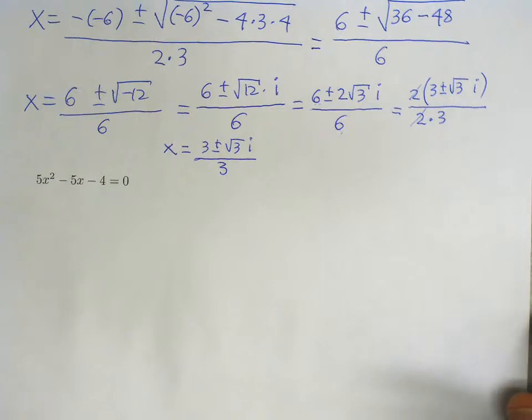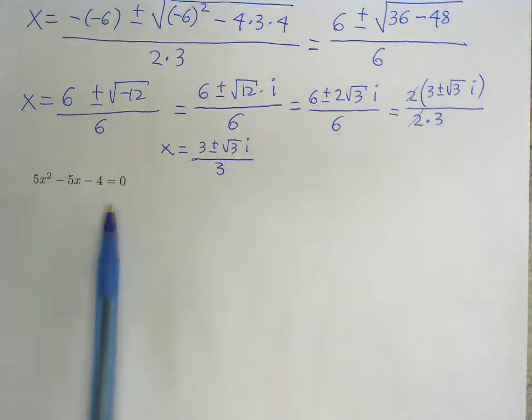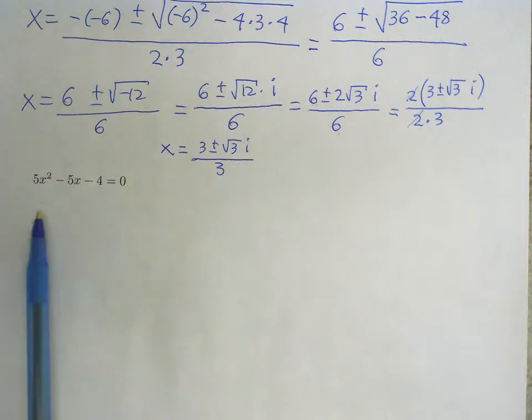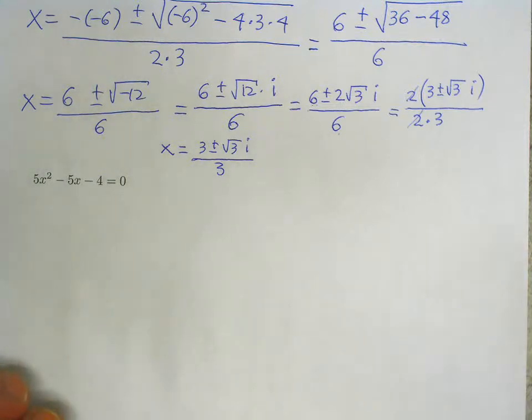Okay, the next one, solve 5x to the second minus 5x minus 4 equals 0. It's already in standard form. So I keep repeating myself in certain ways just so that you'll be prepared for other situations that we're going to see in a minute. Okay, 5x to the second minus 5x minus 4 equals 0 is in standard form.